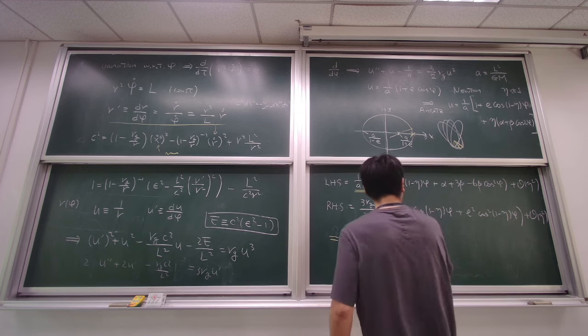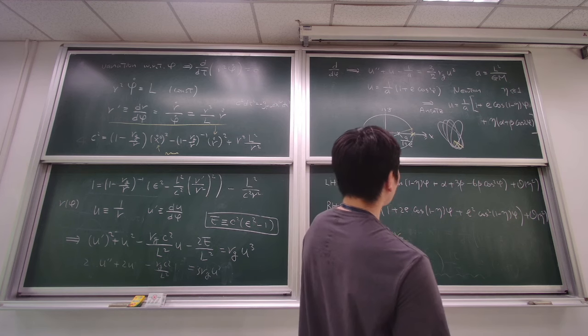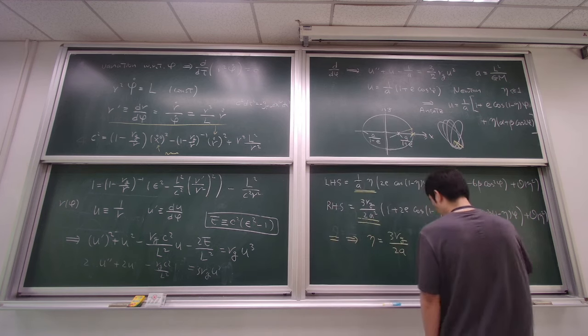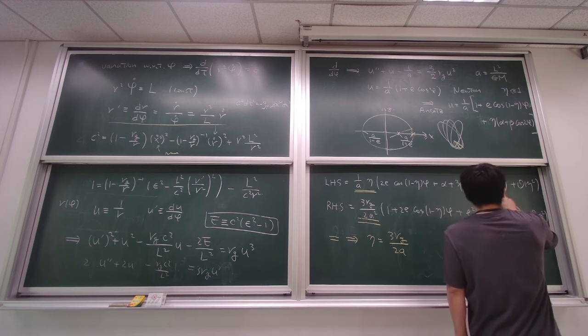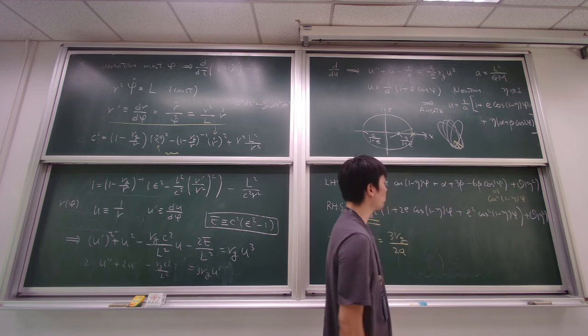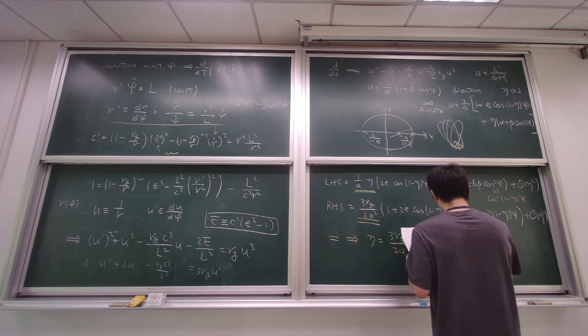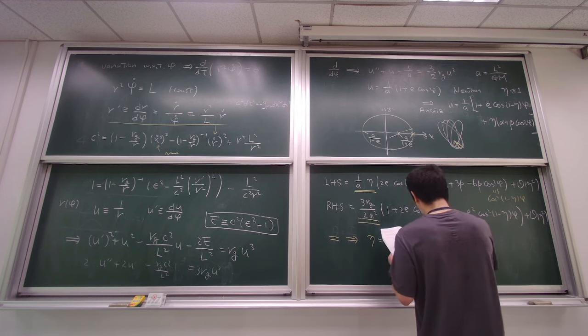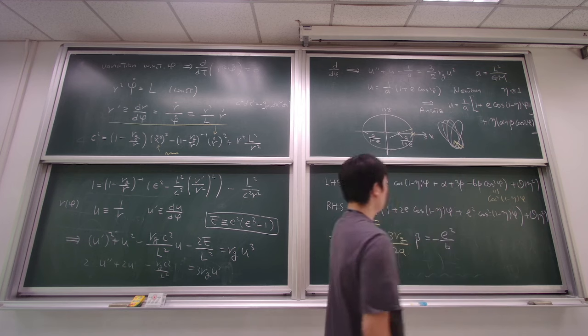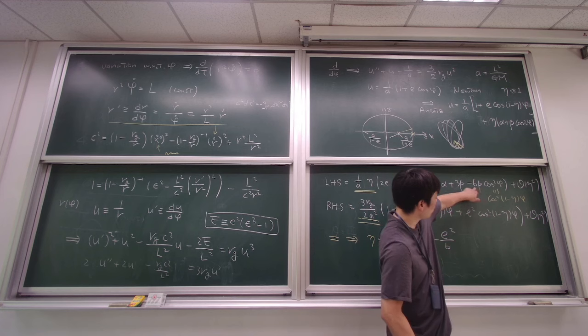If you compare between these two, what do you end up with? We can just approximate this one as roughly cos squared((1 - eta) phi). Since we assume eta is very small, e squared over 6 should be equal to beta. So beta should be equal to minus e squared over 6, because I just compare these two terms.